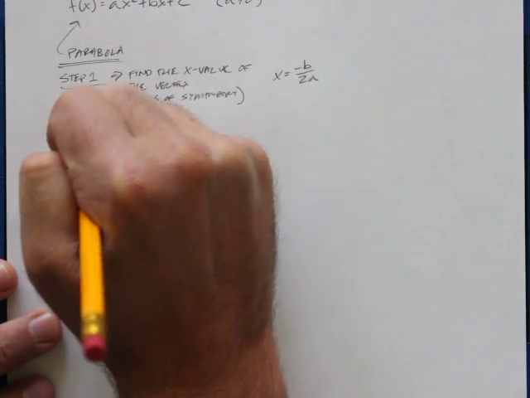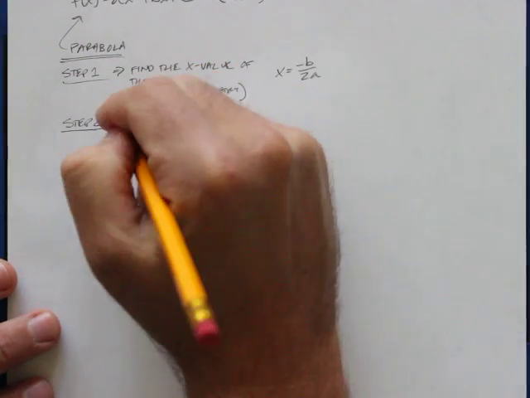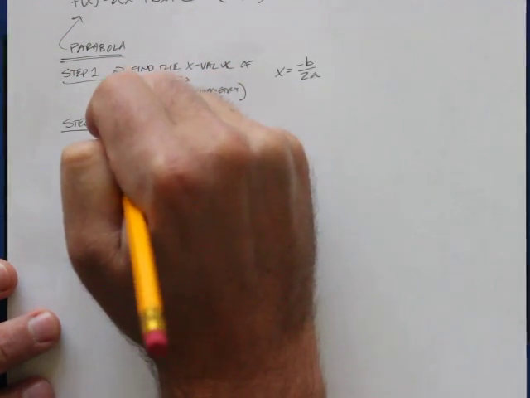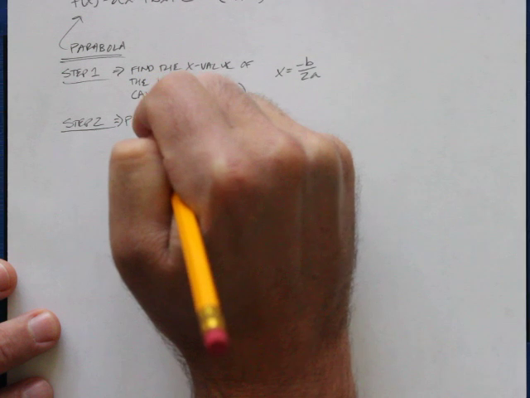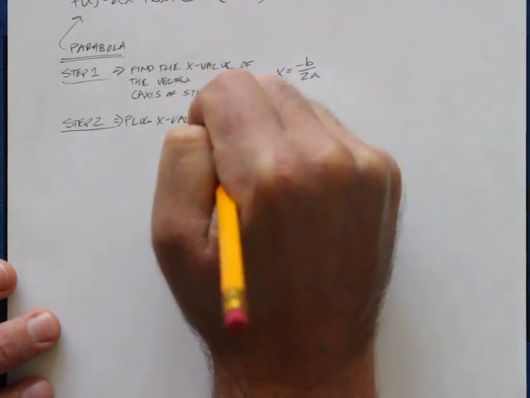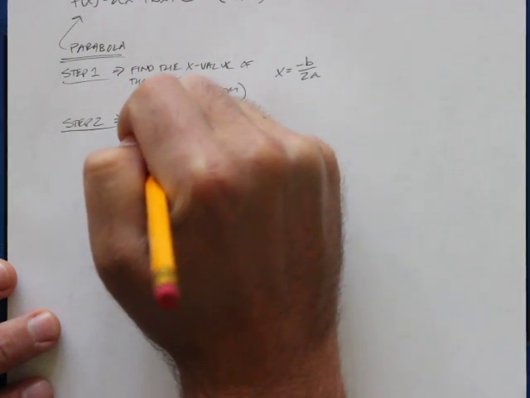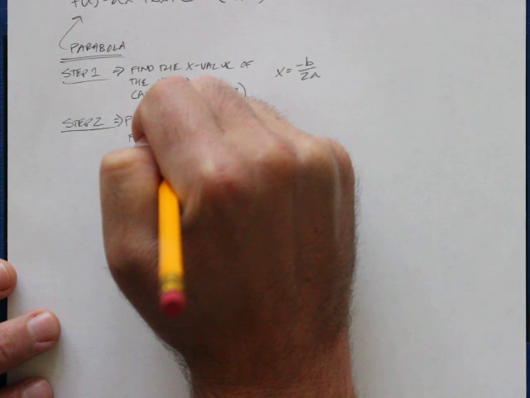Step 2. Plug the x value back into the equation to find the y value at the vertex.